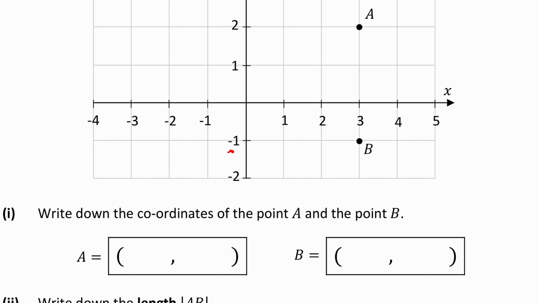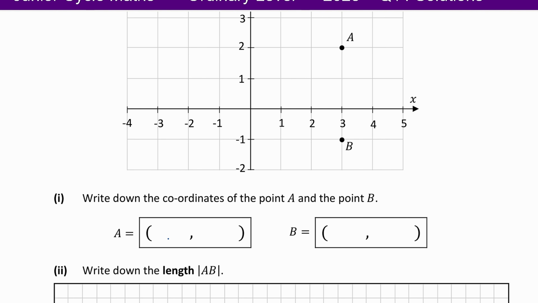Remember that here is negative 1, so we should write -1. So for point A we have 3 and 2, and for point B we have 3 and -1.